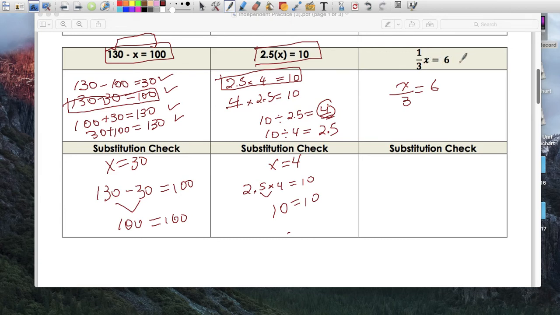I know there were a couple of you who said that seeing it this way, a number divided by 3 equals 6, was a little bit easier to understand. But you still should know that it can be written as 1/3 of a number equals 6.